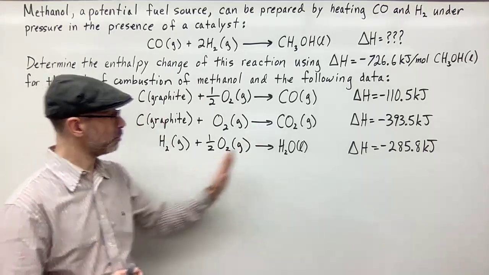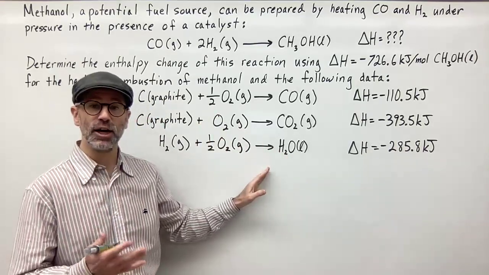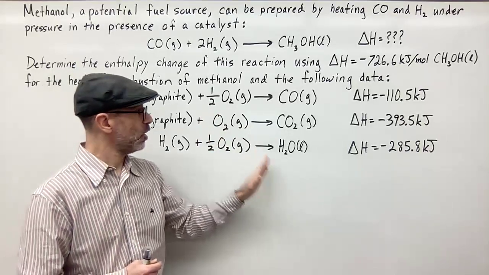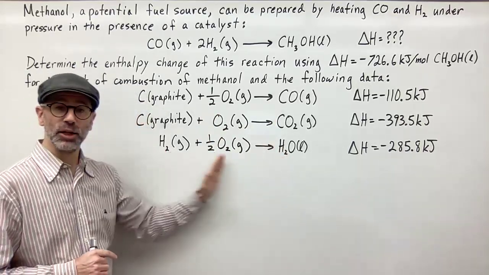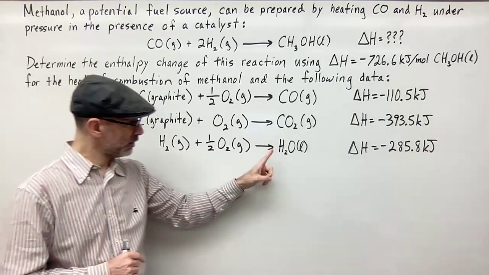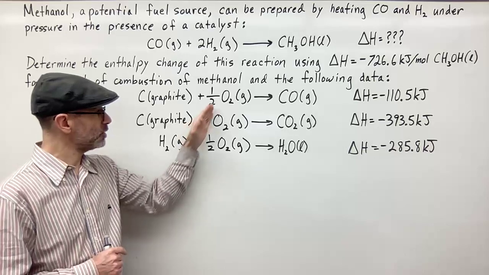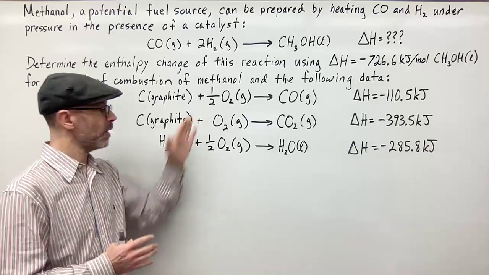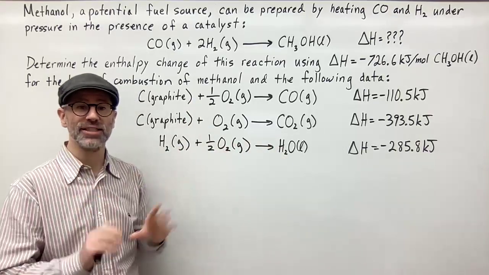The definition of the enthalpy of formation is that we're forming 1 mole of the product from elements in their standard states. So we need to only form 1 mole. That's why we sometimes end up with fractions, because we need the fraction in order to only get 1 mole. That's a little aside.